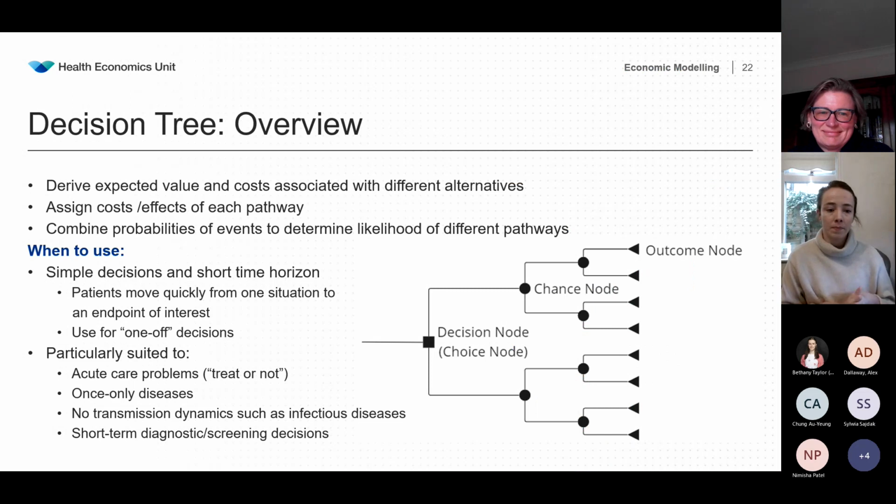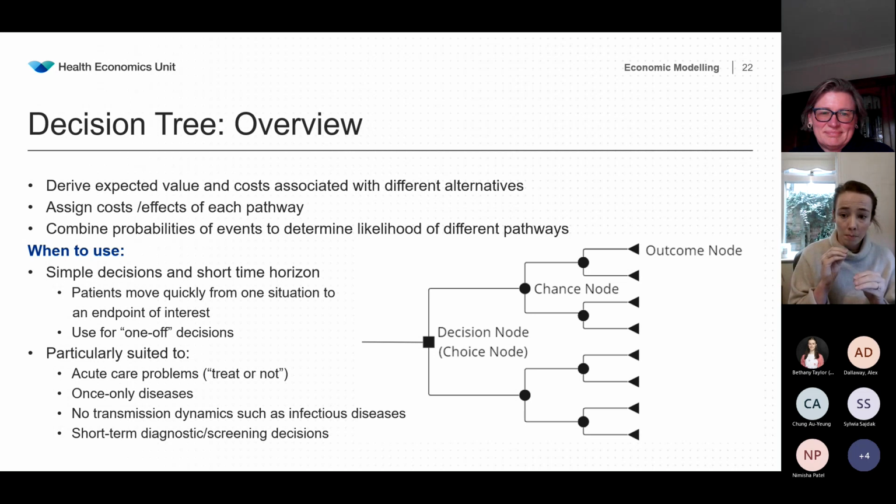Okay, so while people are finding those, decision trees are generally drawn like this. You have a decision node, chance nodes, and outcome nodes. Decision trees always expand out going to the right, and they're always calculated starting at the end, at the outcome, and you do your calculations from the end towards the left. So you start from the right and you go to the left when you're doing your calculations.